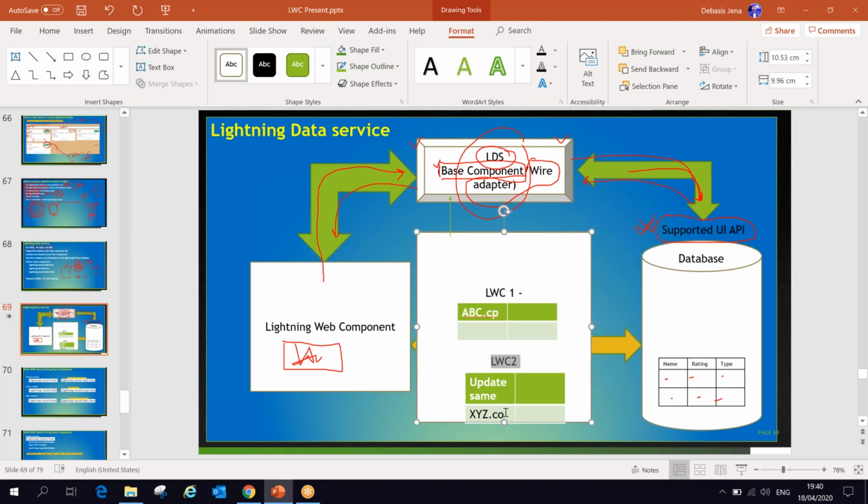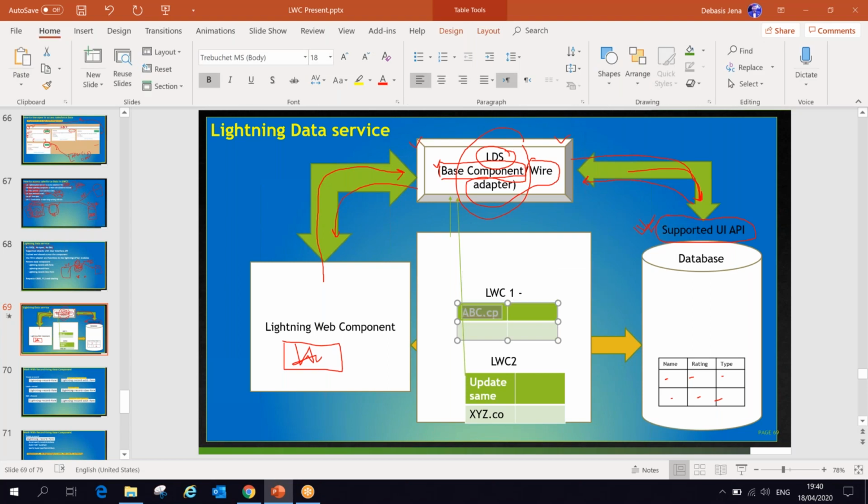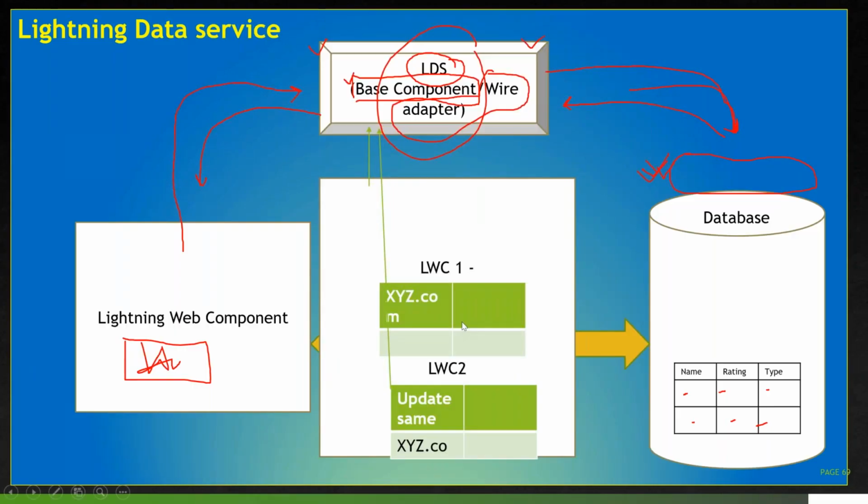And the moment I change the name through my LWC and LDS, this call again goes to my LDS. The data is going to refresh in the LDS layer only, then the same changes happen on both sides. Nothing but my data is going to be cached here. Let me show this completely.